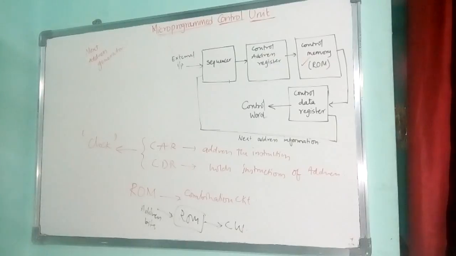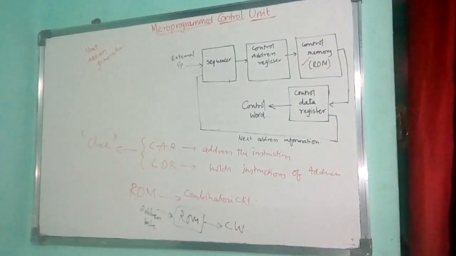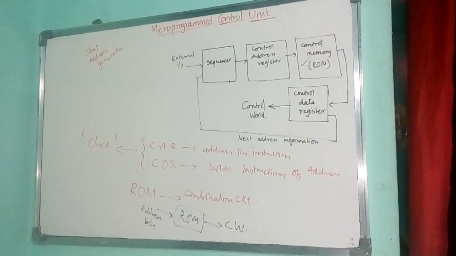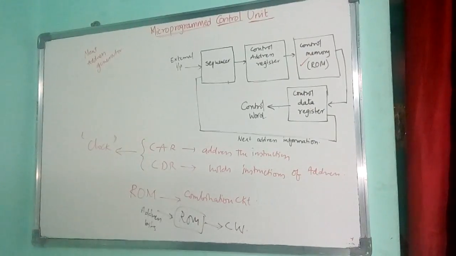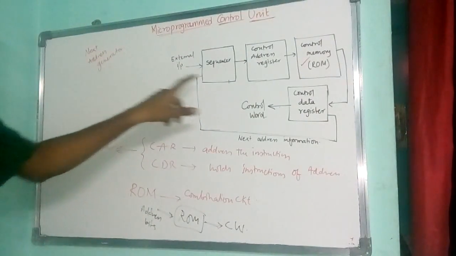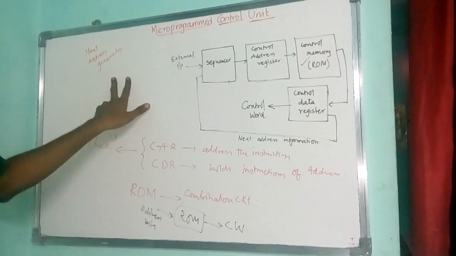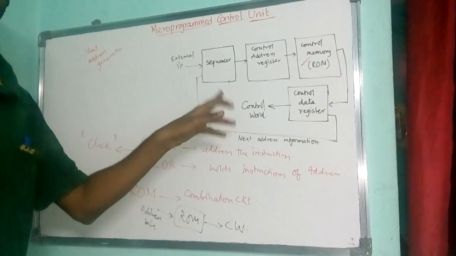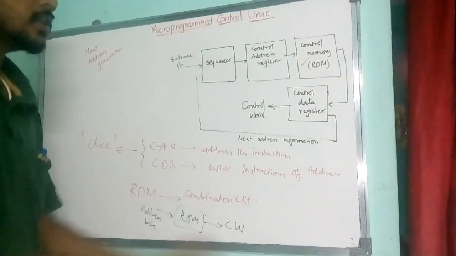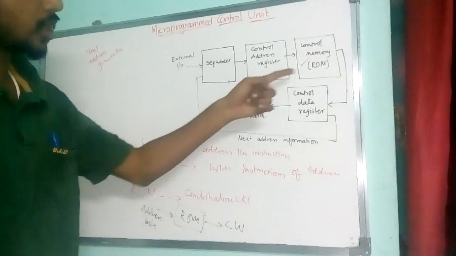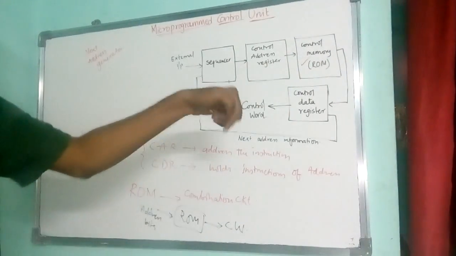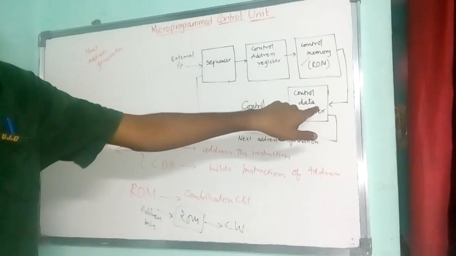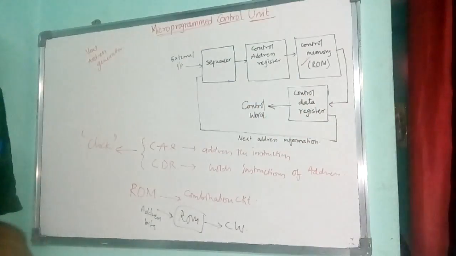Okay, now the sequencer acts as the next address generator. It gives the next address of the instruction to a control address register, thereby it sends it to a control memory. After that, it gives it to the data register, which gives my control word as the output.